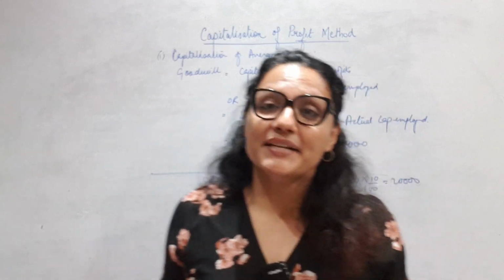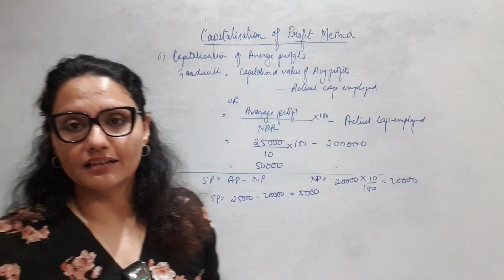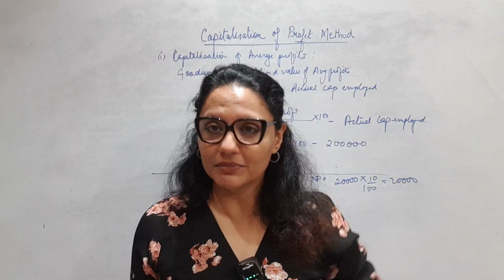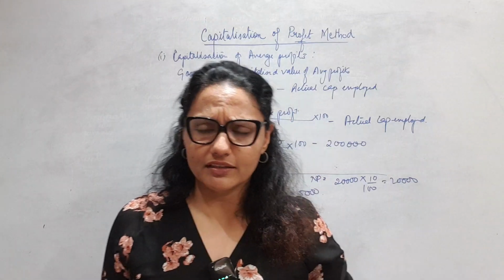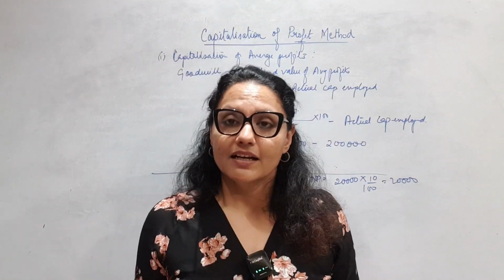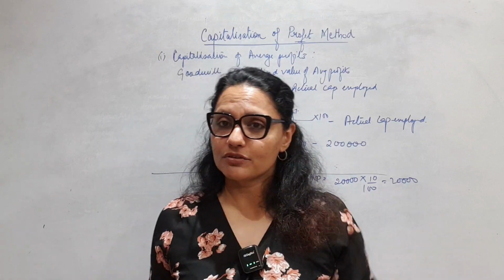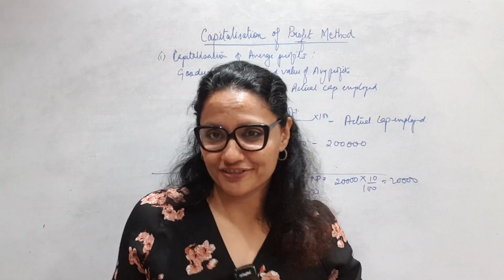Basically, what are we trying to say here? This 5,000 you're earning extra, more than the normal businesses. Any normal business in this firm would have earned 20,000 given the capital employed is 2 lakhs. Your business is earning 5,000 extra. Why? Because you have something extra to yourself.